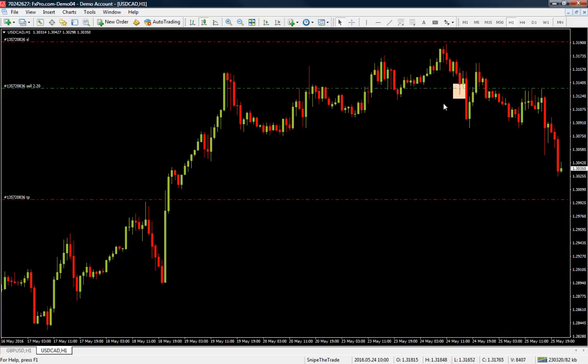Now, let's imagine that I am one of those traders that likes to take fixed pip stop losses without regarding what the market is telling you or what the structure of price is. And let's assume that I like to take a 20 pip stop loss.